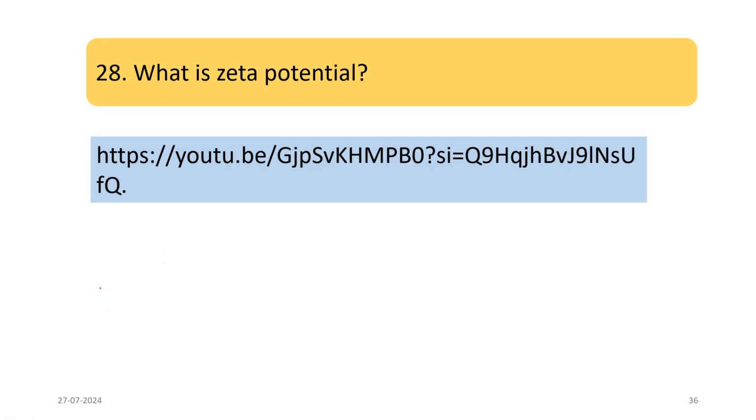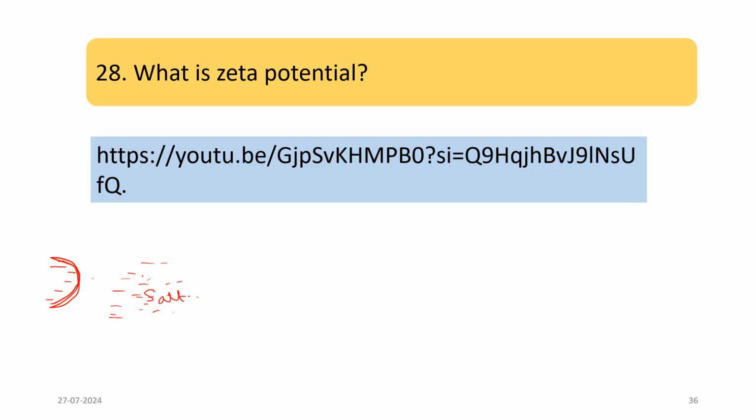So the thing is, there is an electrode of opposite charge material. This is a negatively charged material, and there is a solution, an electrolyte, like our salt.